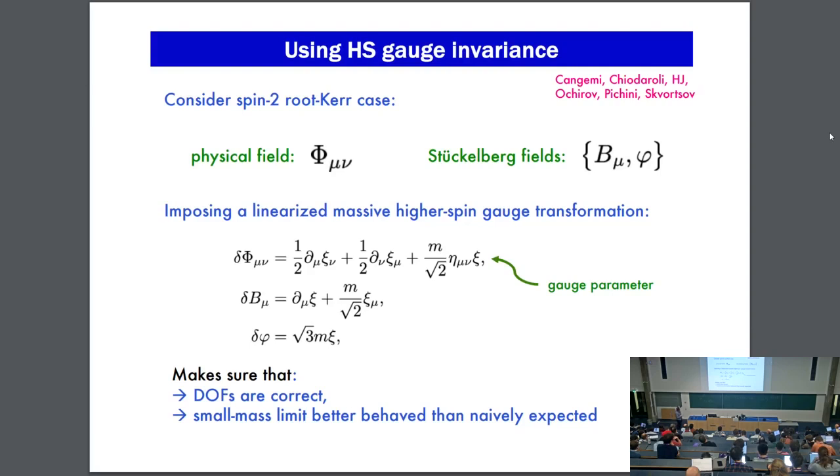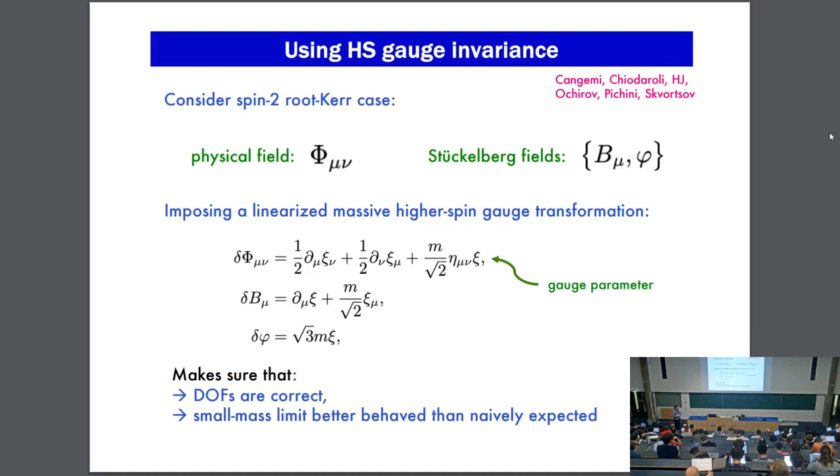Obviously, if I set the masses to 0, you see that's just an ordinary gauge transformation. And you can figure out that, once you include a mass, you also need to include corrections. Xi here is a gauge parameter. There's a scalar gauge parameter and a vector gauge parameter. So imposing these gauge transformations makes sure that the degrees of freedom are correct, that we only have spin 2, we have nothing else.